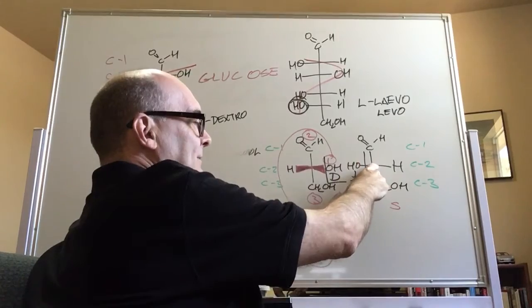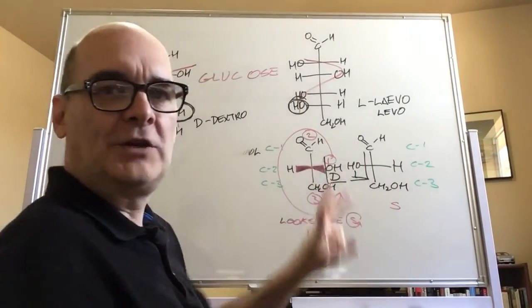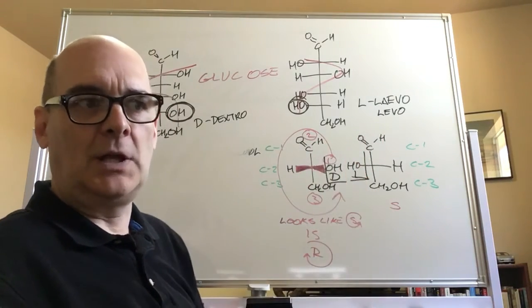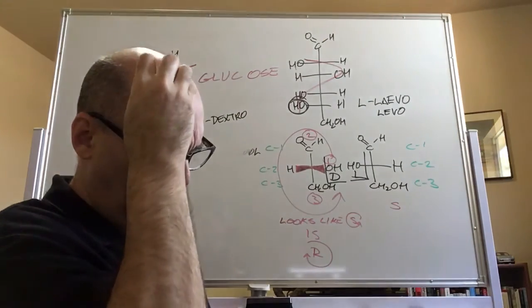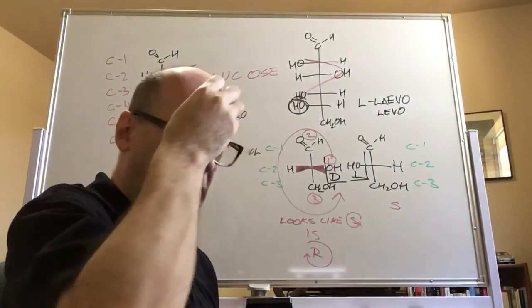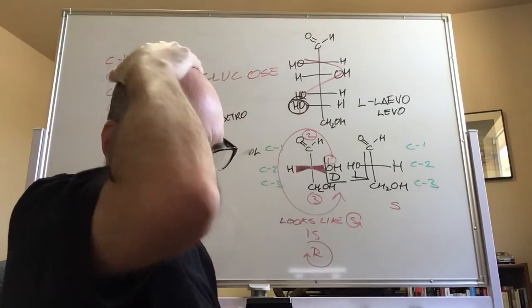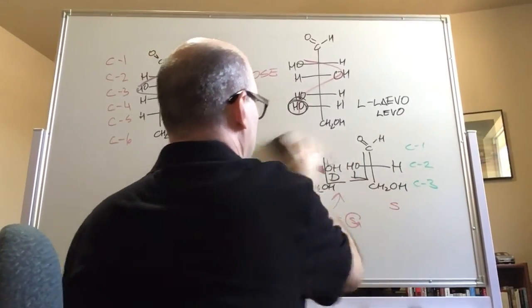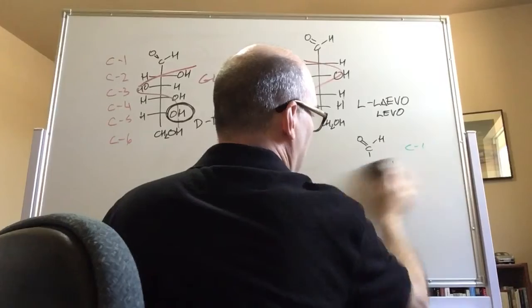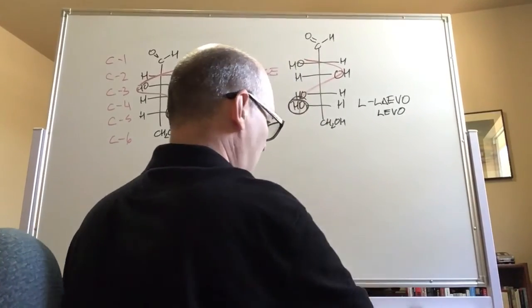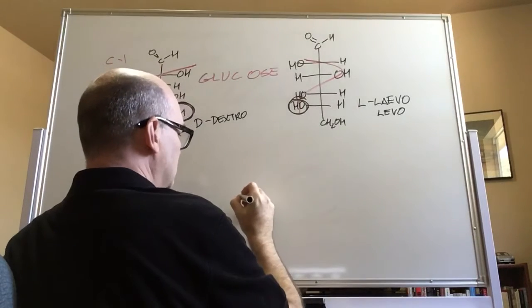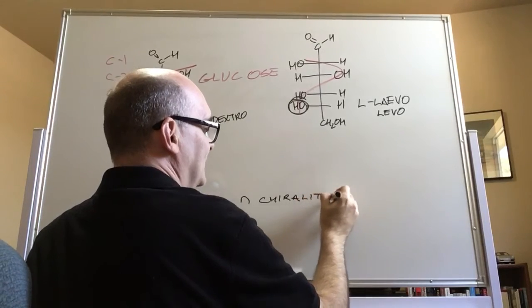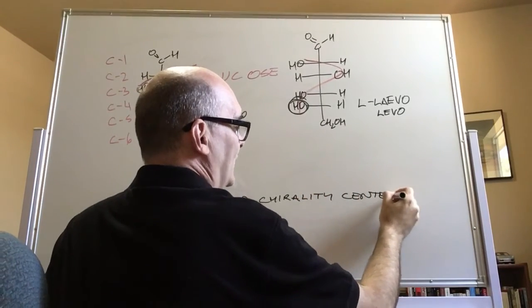One chirality center here in glyceraldehyde generates two isomers, two optical isomers. What if I had two chirality centers? How many isomers would that generate? Is it 4? It is 4. What if I had 3 chirality centers? How many isomers would I generate?